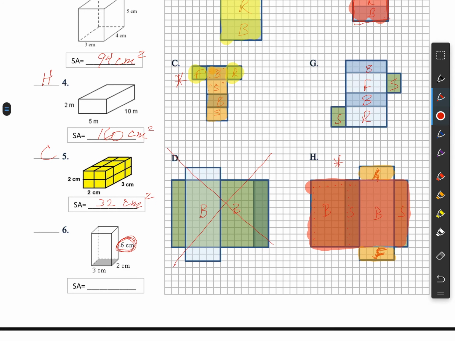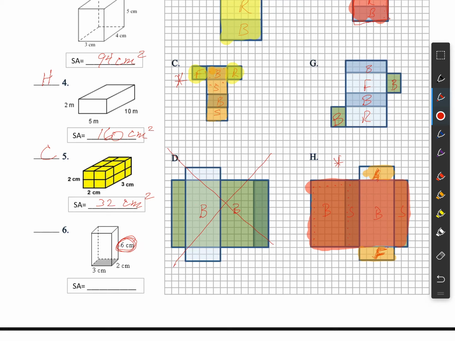So I go to G, and I see that I have 3 by 2. I do have 3 by 2, but I've labeled them as the sides. So again, we're going to have to go back and we're going to have to relabel. Okay, the way that this drawing for number 6, that 3-dimensional shape, is oriented, it looks like these would have to be the bases.